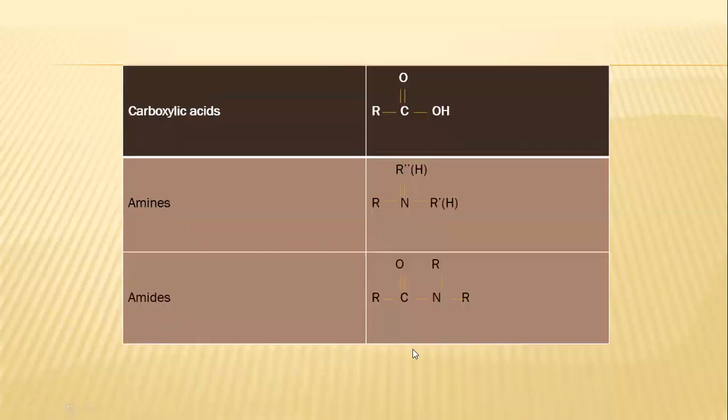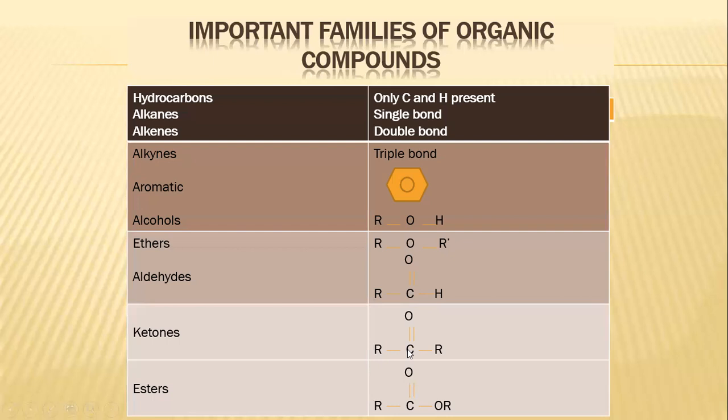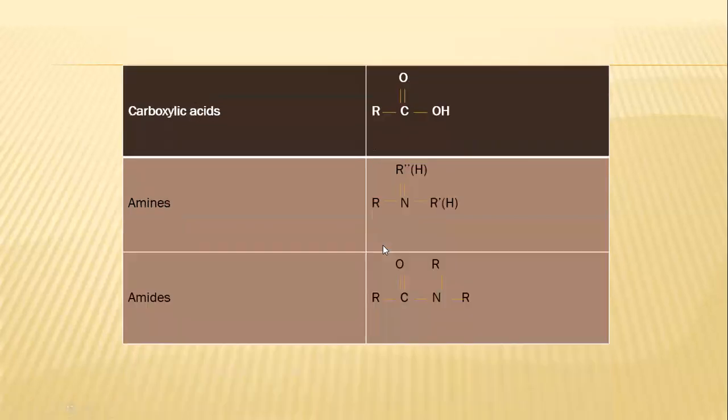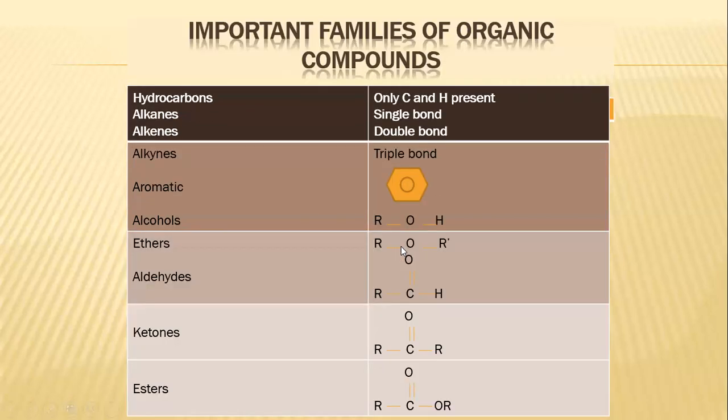At both positions you have R groups. So RCOR. Here you can see ether is ROR, but for ketones it is RCOR. R is the alkyl group. It can be the same or different. We call it ketones.